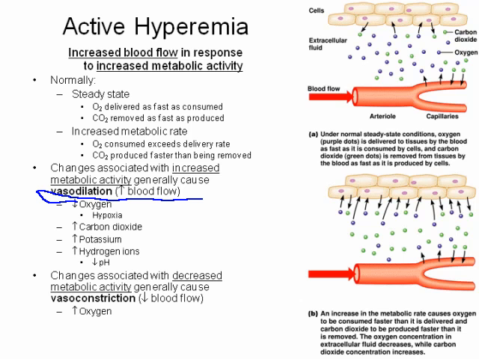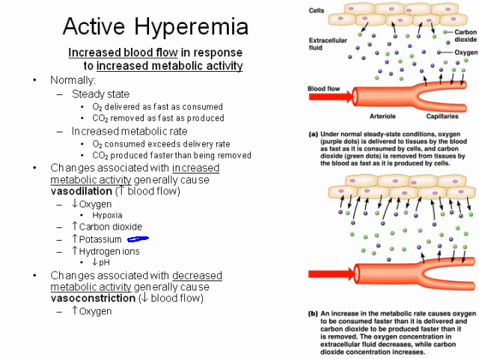Vasodilation, of course, means increased blood flow, hyperemia. The factors that cause this: decreased oxygen, or what we call hypoxia, because the tissue is more metabolically active and consuming more oxygen. Increased CO2, as tissues consume oxygen and produce carbon dioxide at a higher rate because they're more active.